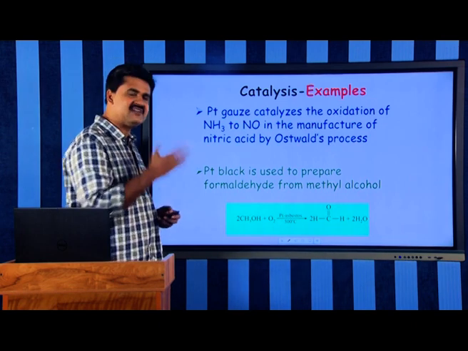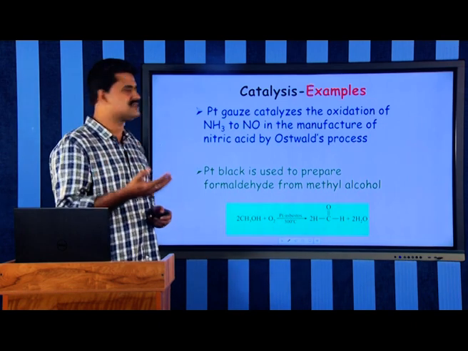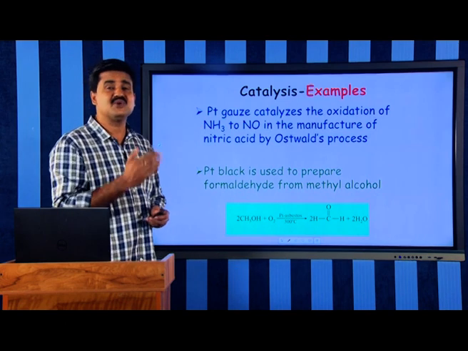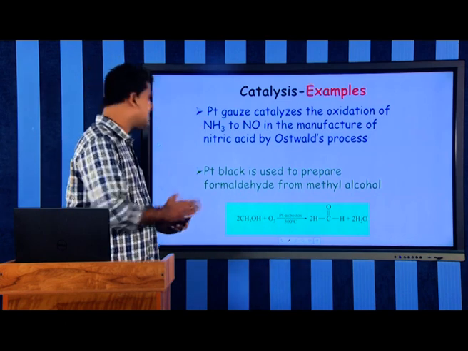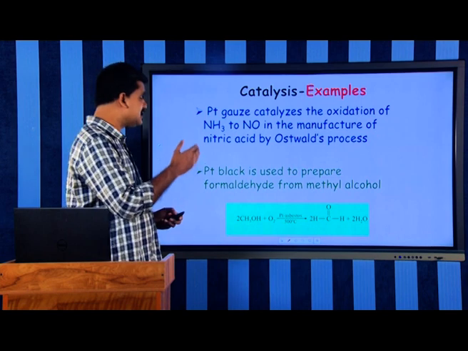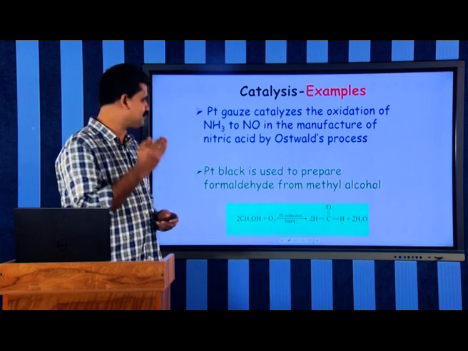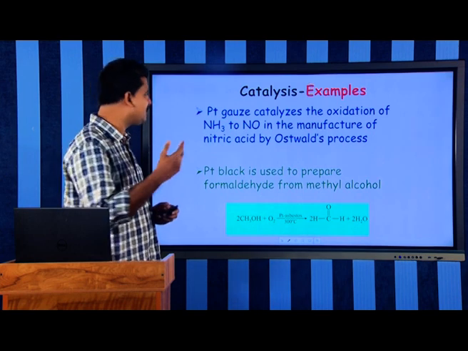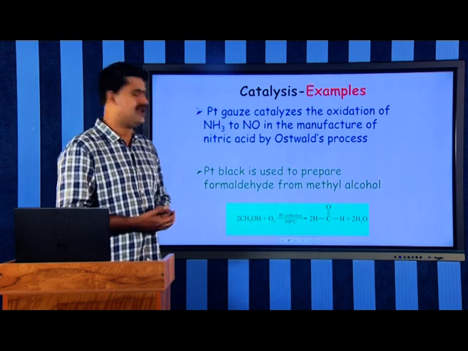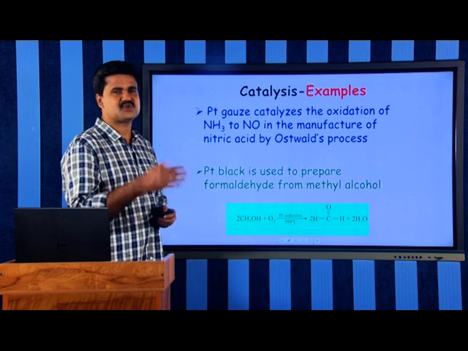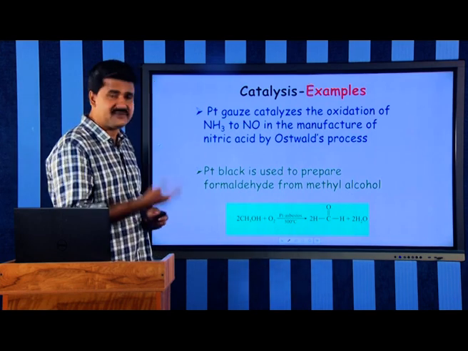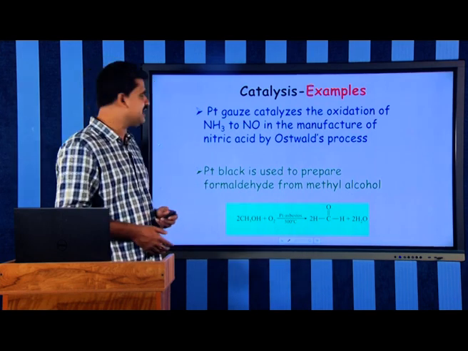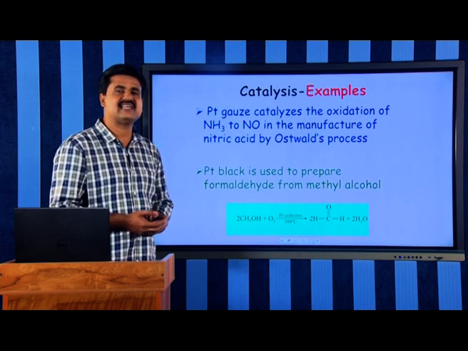Moreover, platinum black is used to prepare formaldehyde, HCHO, from methyl alcohol. This is the equation showing the oxidative conversion of methanol to formaldehyde, where we use platinum black as the catalyst.